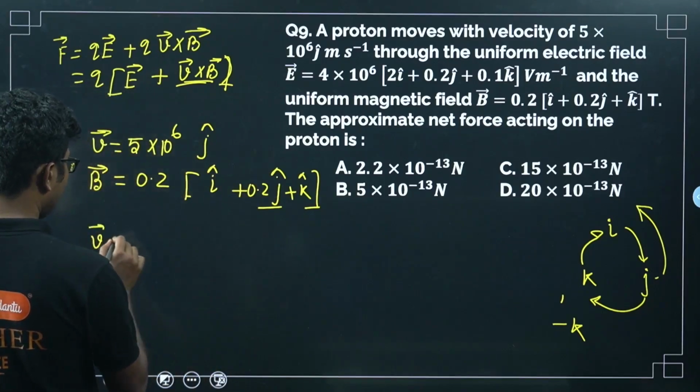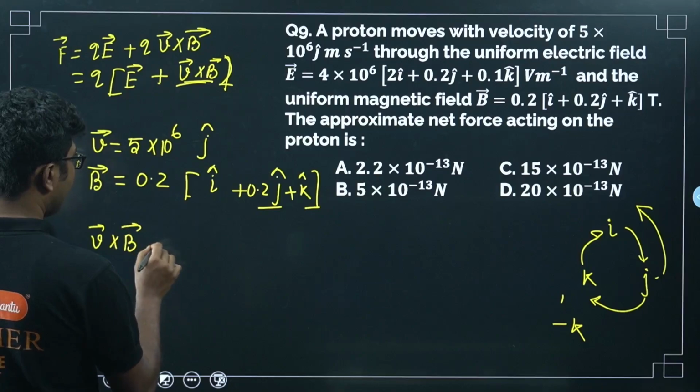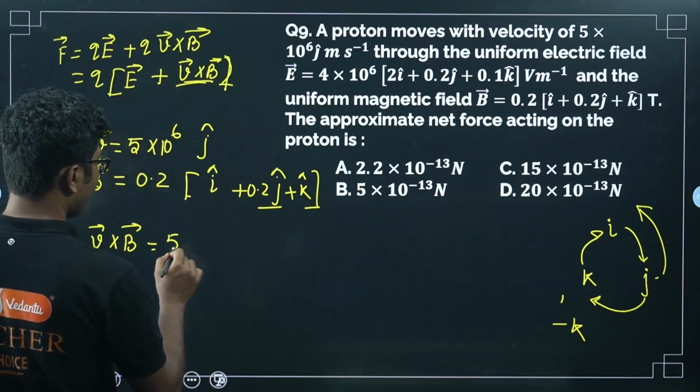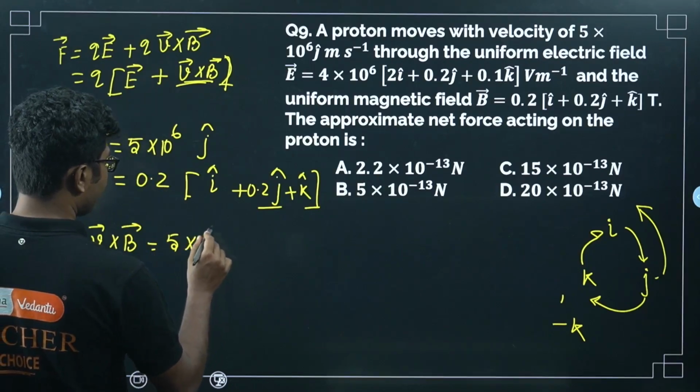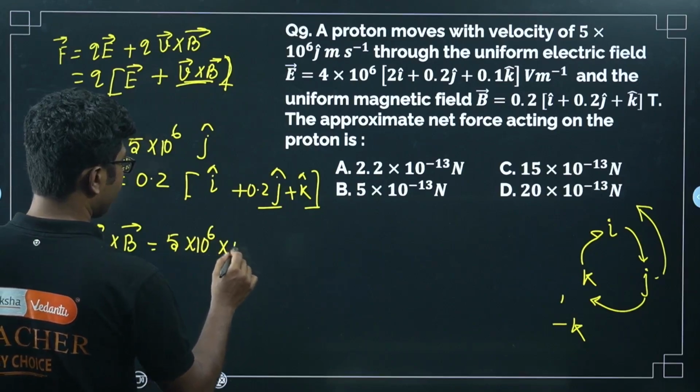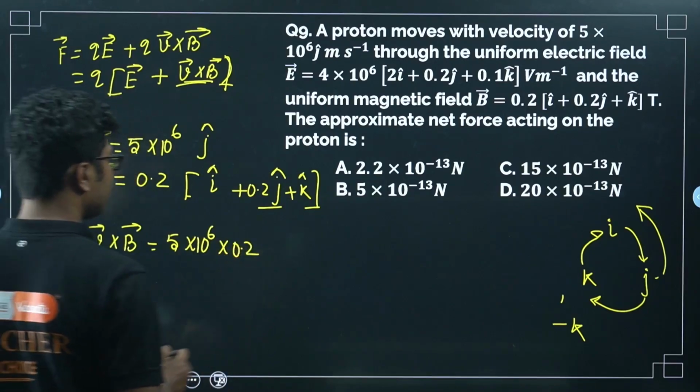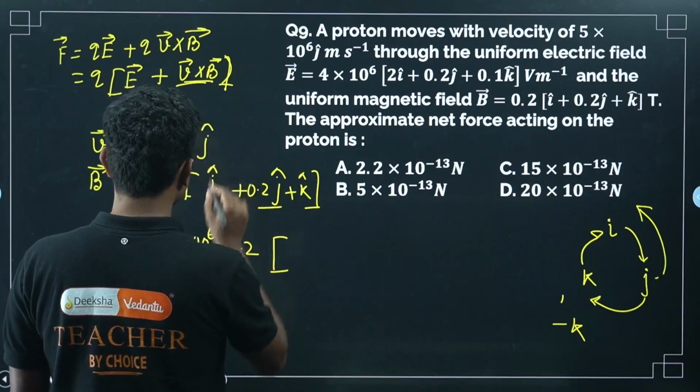Okay, first is the constant. Now v cross b, let us take care of the constant. 5 times 10 to the power of 6 times 0.2. Constant is taken care. Now first is v, right?